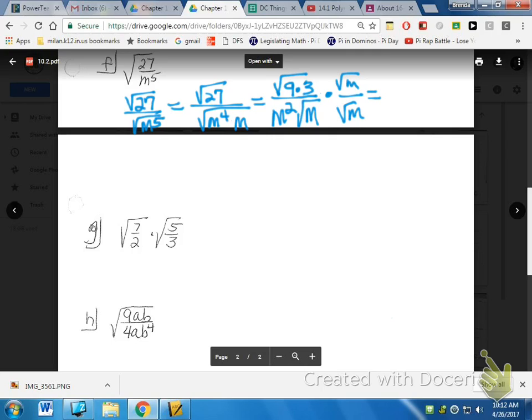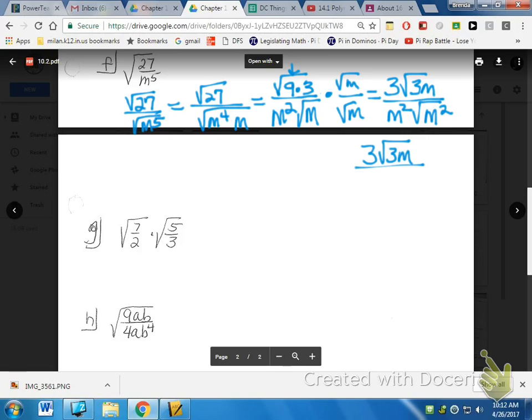Okay, so I'm going to do a couple things here. As I'm multiplying across the top, this 9 is going to come out as a 3, and inside I'm going to have radical 3m. On the bottom, I'm going to have m squared times radical m squared. Think about that for a minute, because I've got m times m, right? Now, the top is about as low as it's going to go.